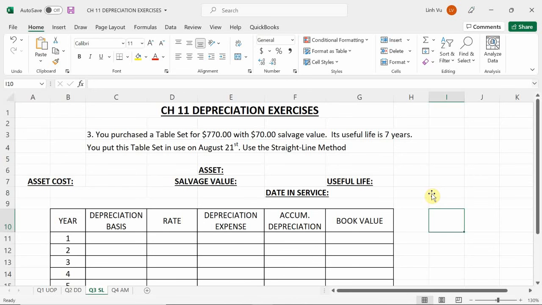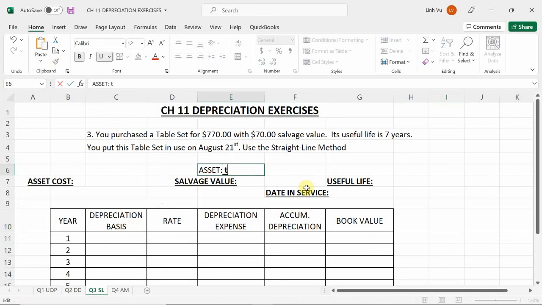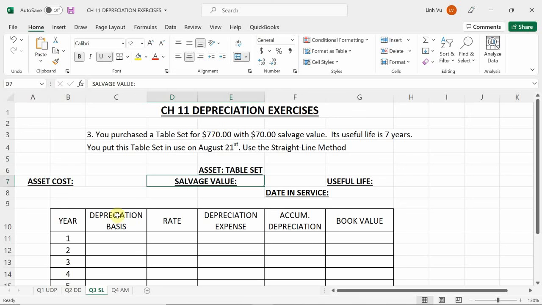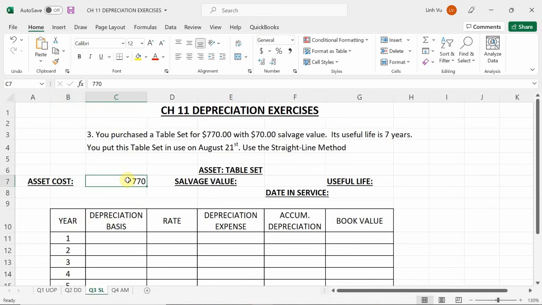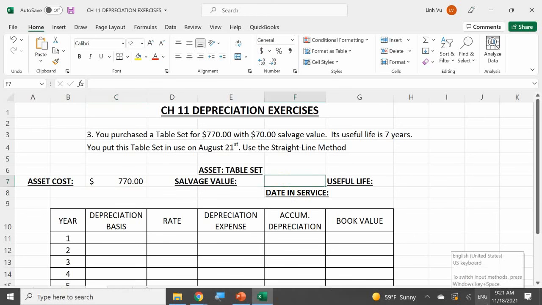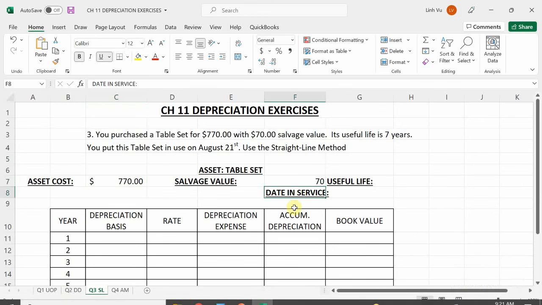Use the straight line method. So in this case, I bought a table set. How much did my table set cost me? 770. Good. Do I have a salvage value? 70. Good.